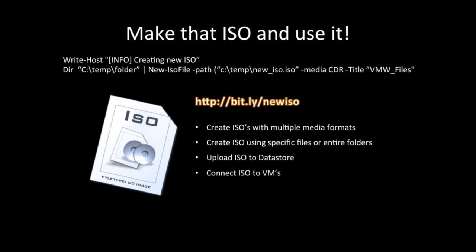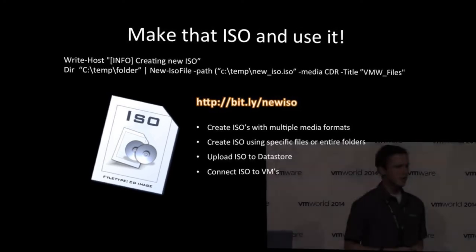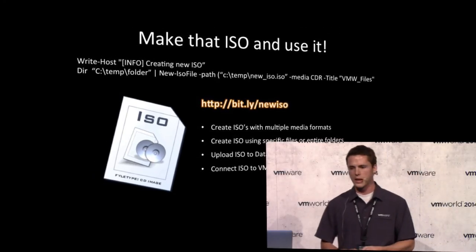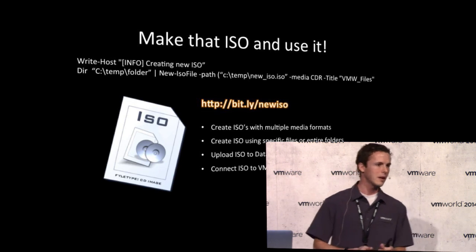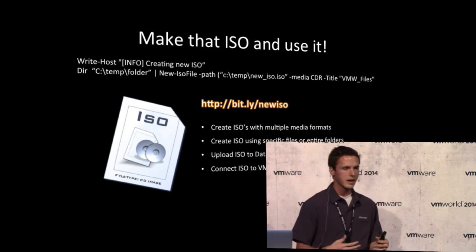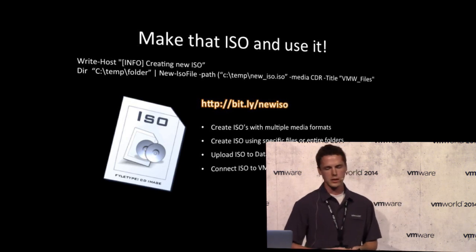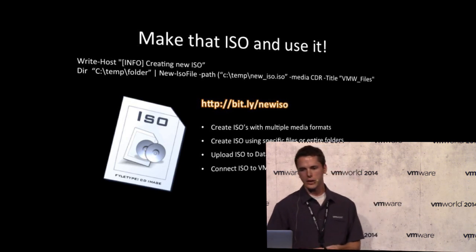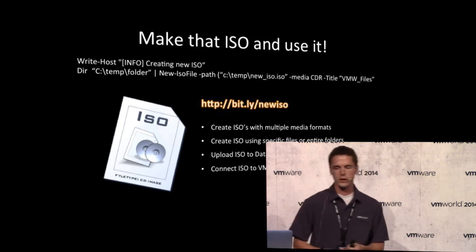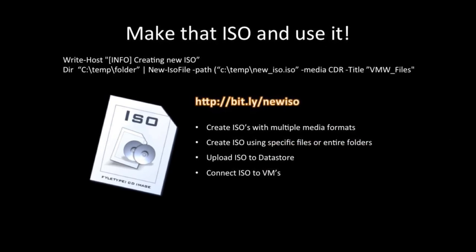This right here, I have a bit.ly address here for those that are interested in understanding how to make ISOs through PowerShell. This has become very handy for me, and when I'm working with a lot of files and I want to be able to create an ISO that I then mount to a virtual machine, I have a link here to a function that was created and posted up on one of the Microsoft websites on how to do that.